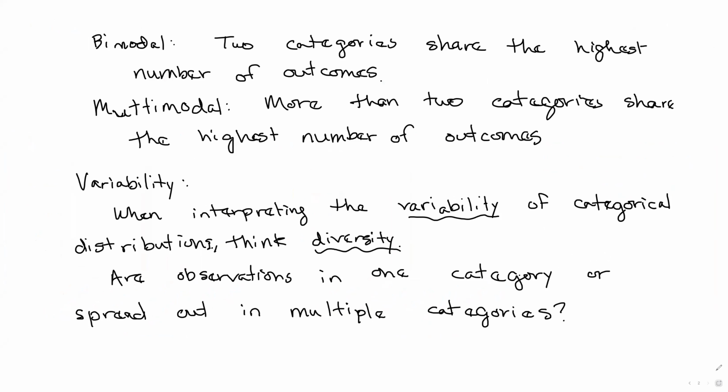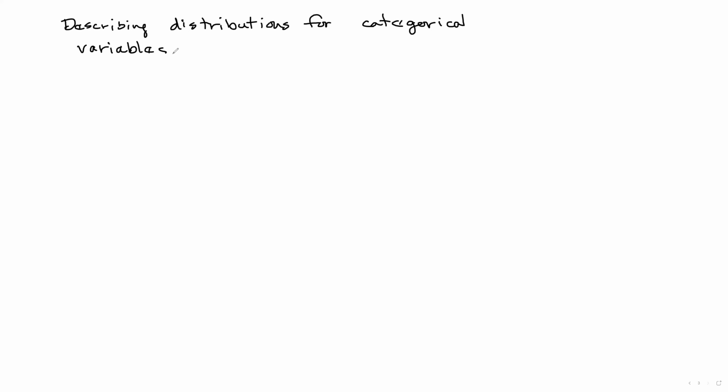Okay, so let's just do a quick summary here. If you're describing a distribution of categorical variables, what should you do? There are 2 things you should look to do.